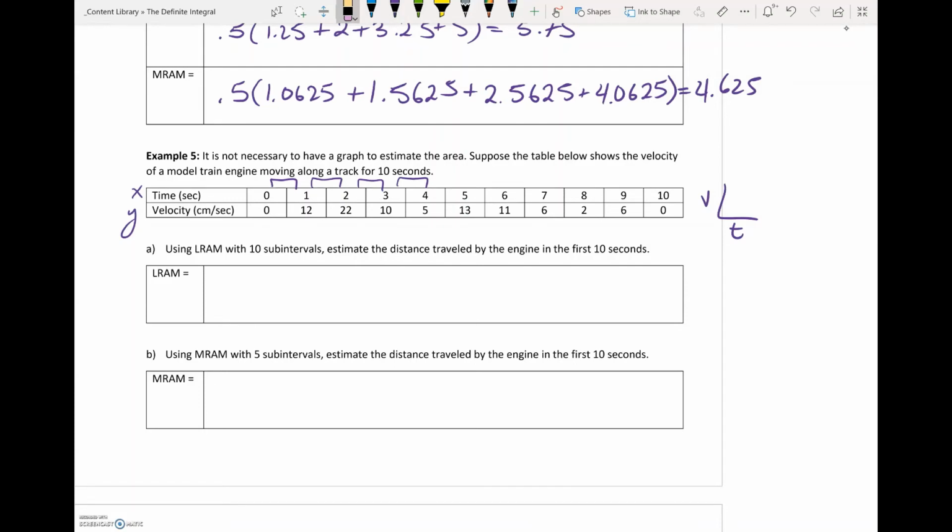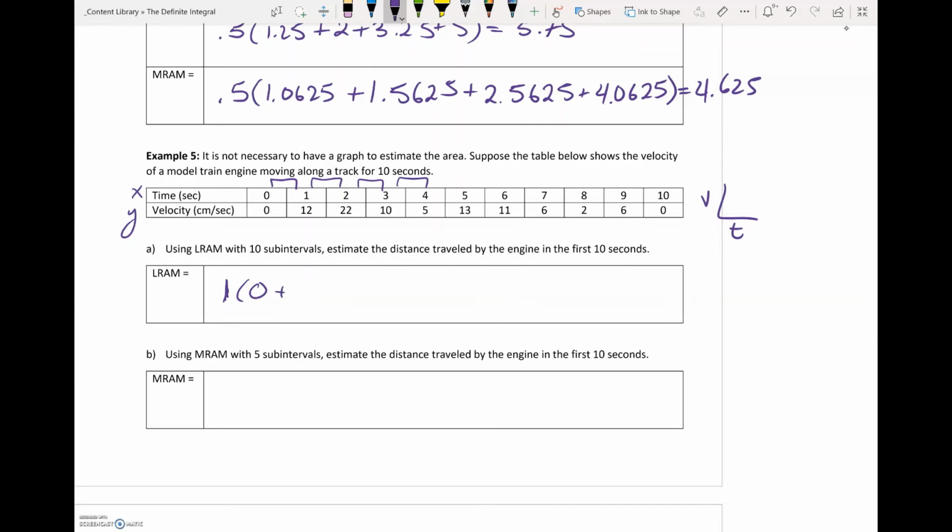So we know the subinterval will be a distance of 1 each time along the x-axis. So that is going to be our length of 1. And then we're going to multiply it by the height, which is found in the velocity part, your y. And we're going to take the leftmost height out of the intervals. So between 0 and 1, I'm going to take 0 because that's my most left point.